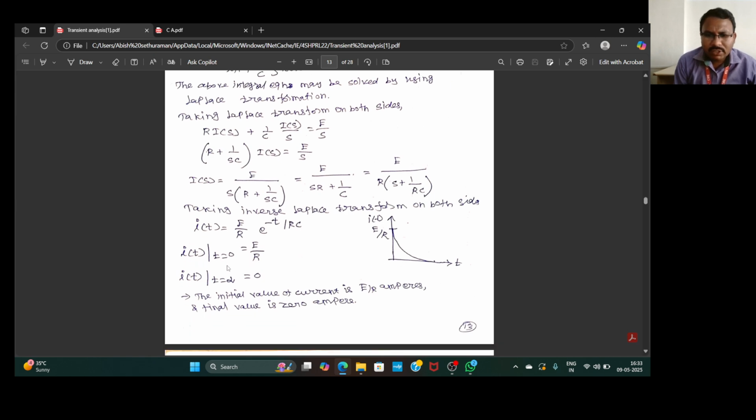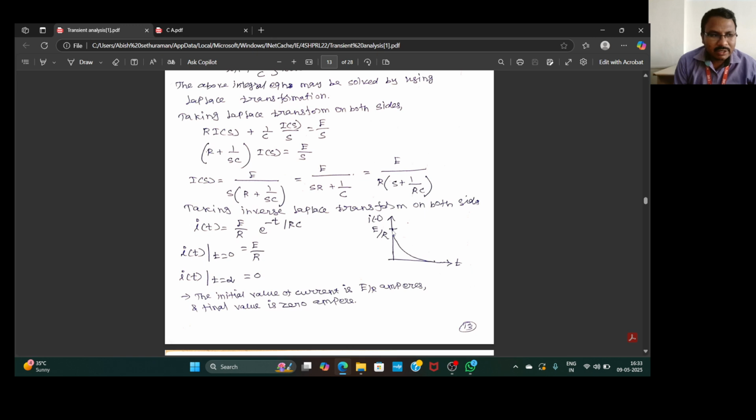Then I of t at the initial condition t equal to 0, we obtain E divided by R. Then as t goes to the maximum limit, infinity, we obtain 0. So in RC and RL, what is the difference?